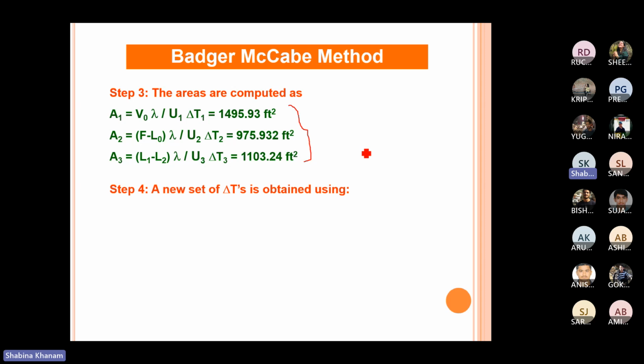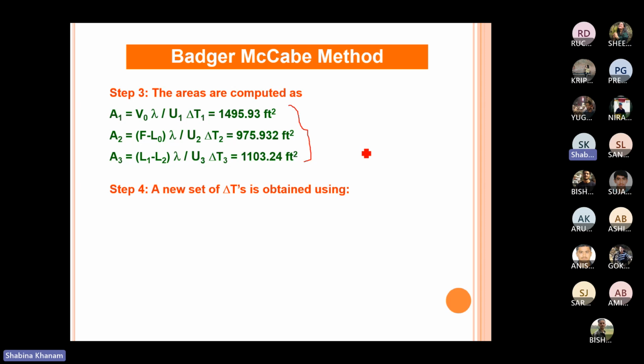So step 4 is to find the new set of delta T's, because we have calculated based on equal heat transfer, which we need to relax further. You can do that with the average area weighted to temperature difference.